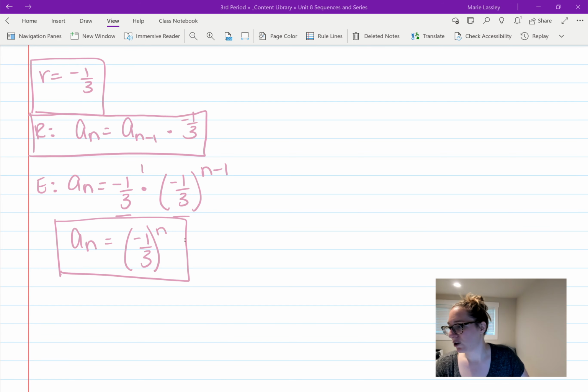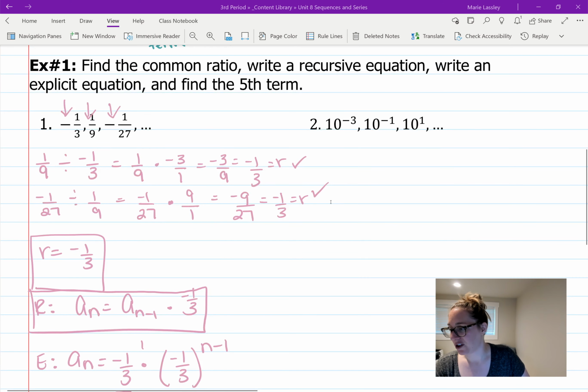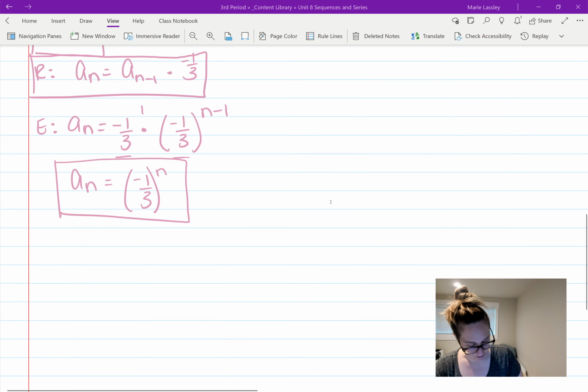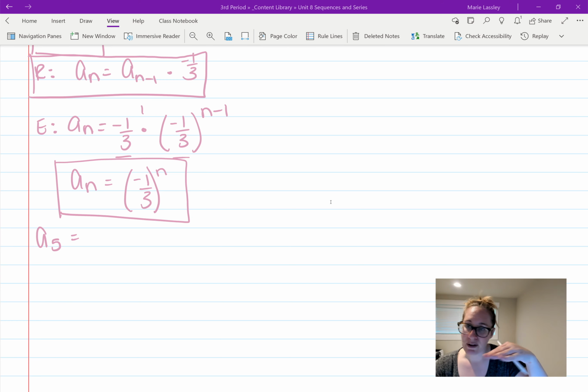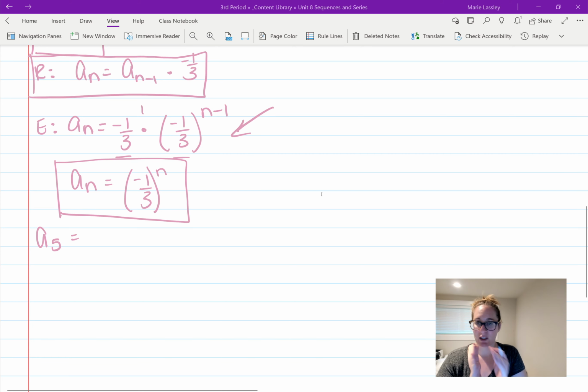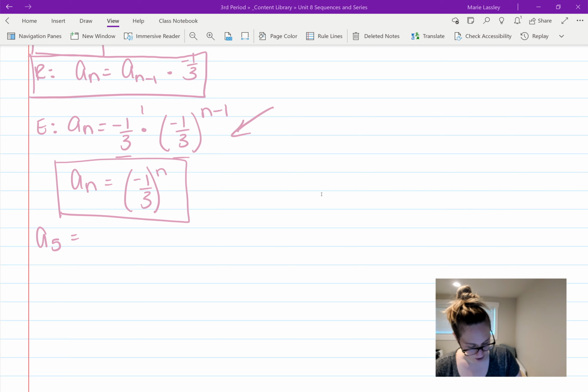So the last thing we have to do for this problem is to find the fifth term of the sequence. So we want to find a sub 5. We're plugging in 5 for n. Now again, you could use the unsimplified equation if you wanted to, but since we did simplify because our bases were the same, -1/3, I'm going to go ahead and use that simplified equation. So I'm just going to take the -1/3 and raise it to the power of 5.